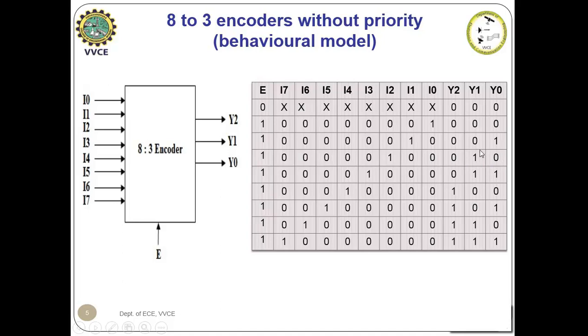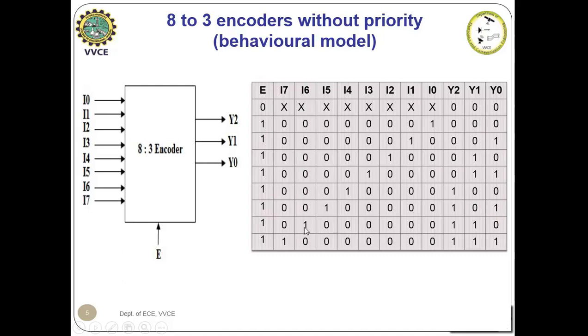That is, when your I2 is high, your output will be decimal 2. Similarly, when I3 is high, your output in decimal will be 3. When I4 is high, your output in decimal will be 4, that is 100. When your I5 is high, your output will be 5, that is 101.